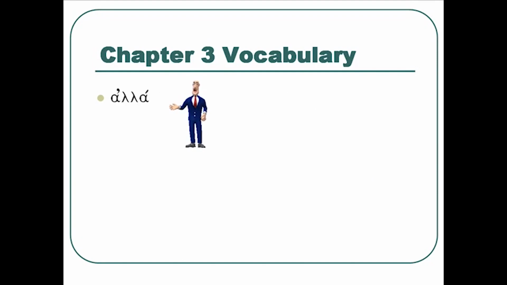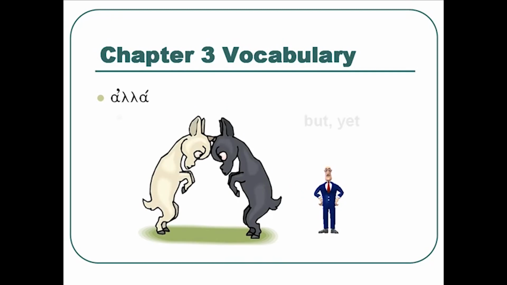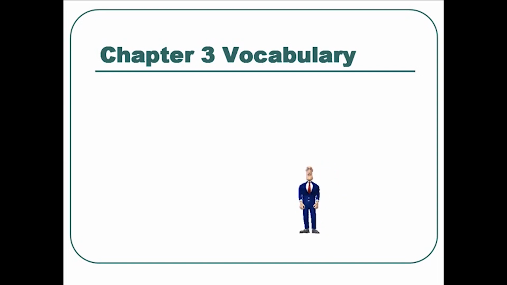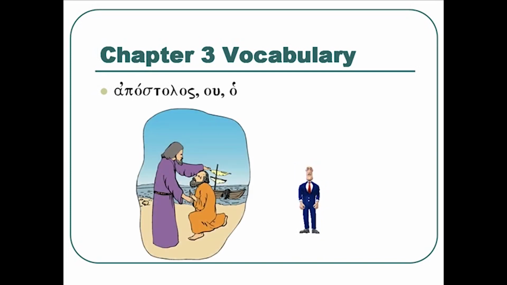Finally, our third vocabulary list. The first word is alla, and it means but or yet. Butt heads like that, it's got to hurt. The second word is apostolos, and it means apostle or sent one, an ambassador.